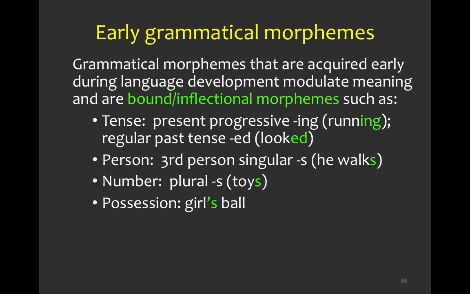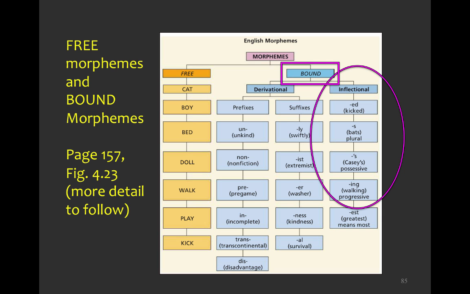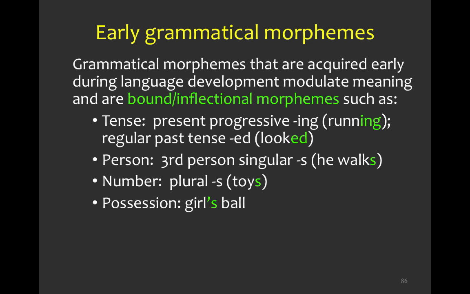These morphemes that are circled, that are bound inflectional, these morphemes are known as early grammatical morphemes. These grammatical morphemes are acquired early during language development. They modulate meaning and are bound inflectional morphemes. They include tense markers, such as the present progressive ing, the regular past tense ed.